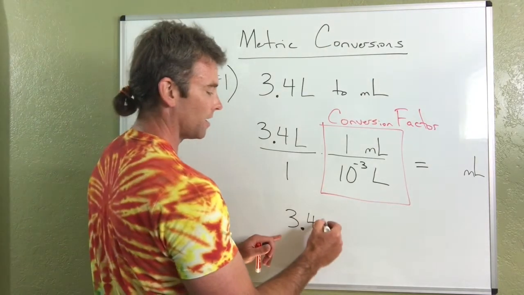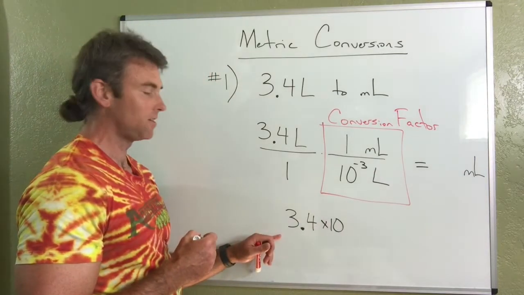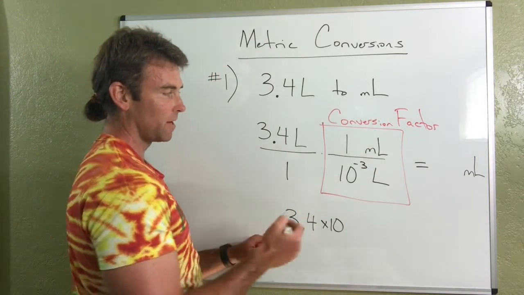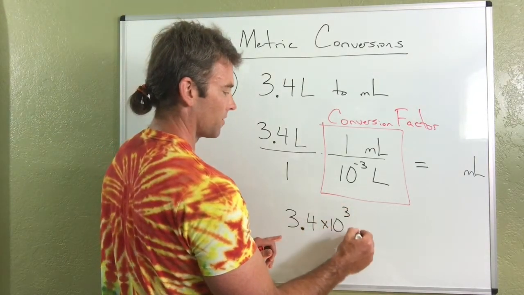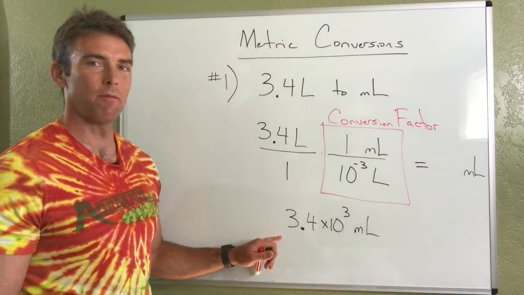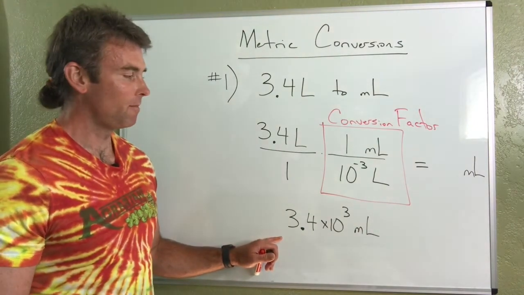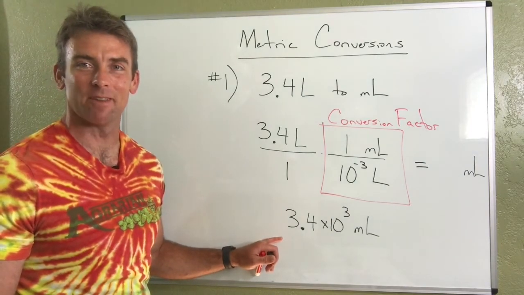Your calculator, if it's set up in the form of scientific notation, may look something like this. It may say 3.4 times 10 to the 3rd milliliters. That's one possibility. That is probably the best possibility because you don't have to do any thinking after that.